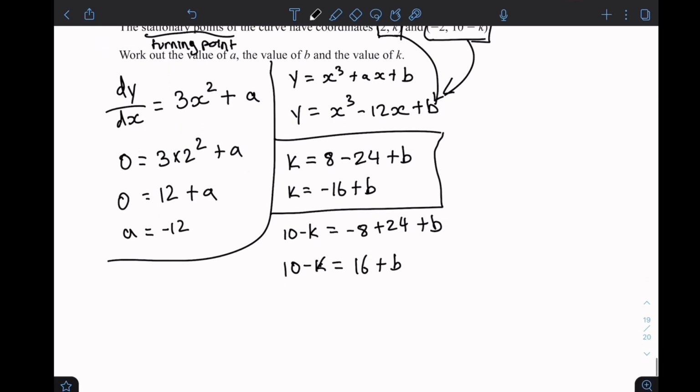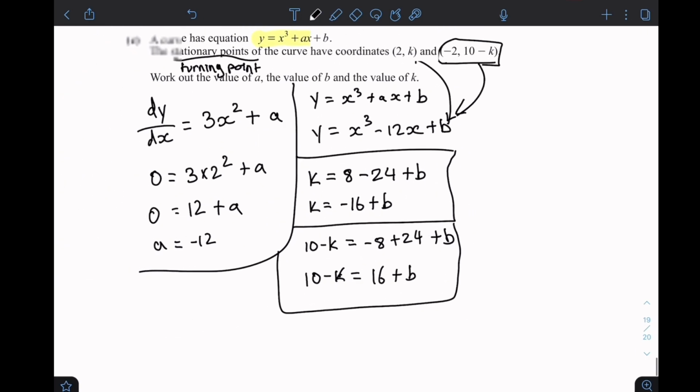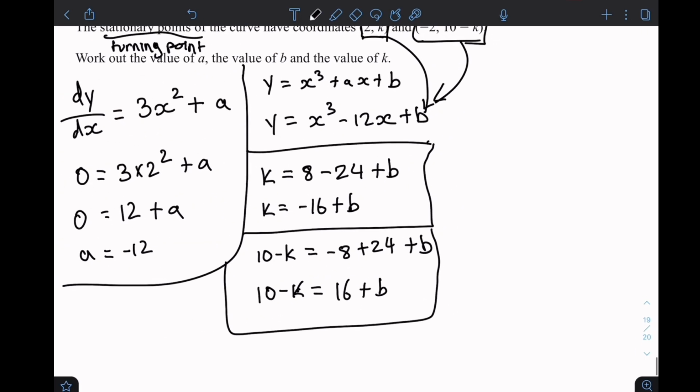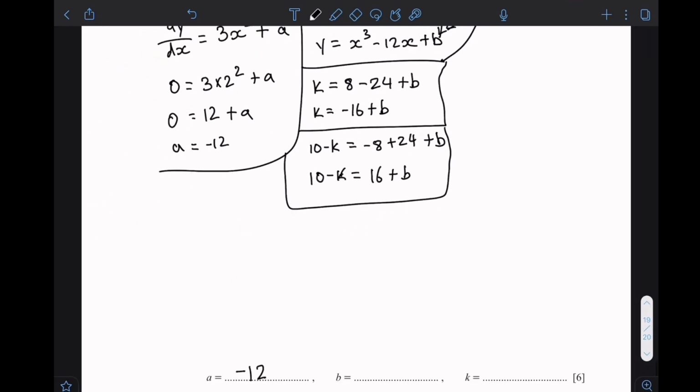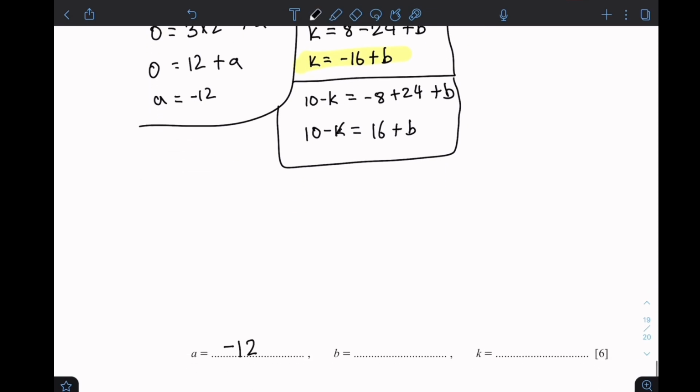So we got our two equations, right? We know k is equal to negative 16 plus b, so we can substitute in this equation.